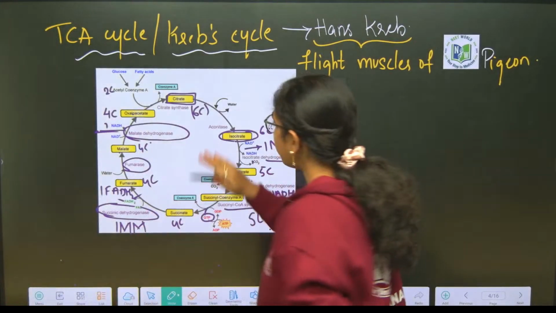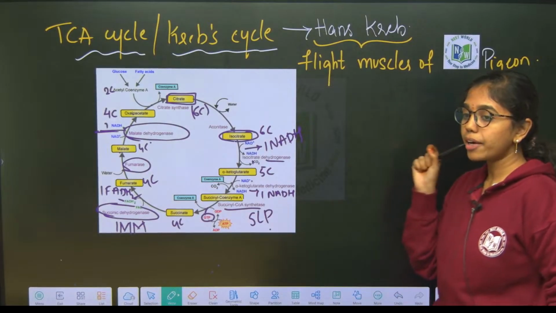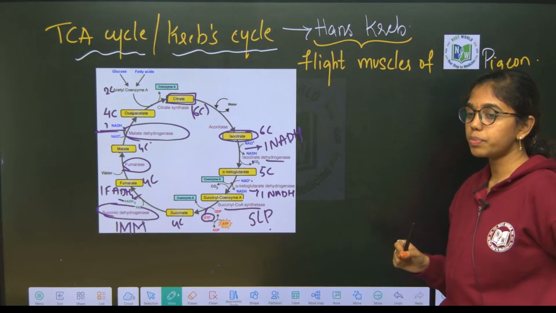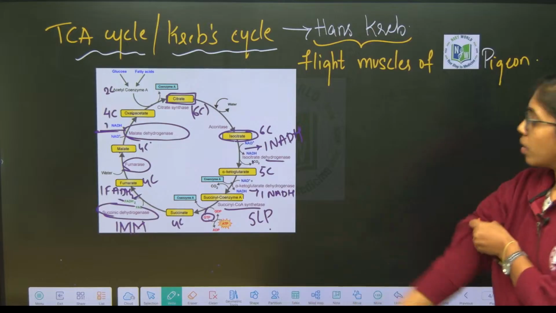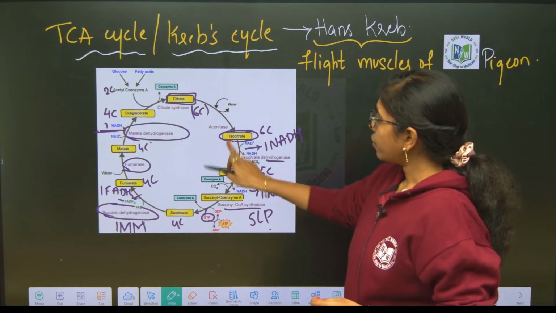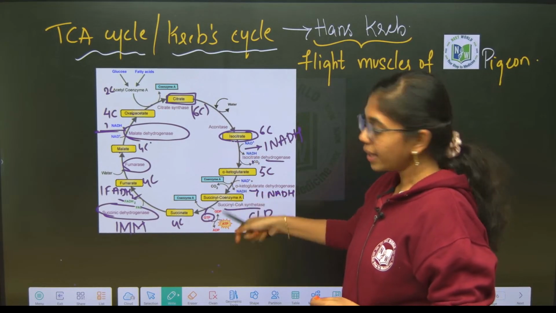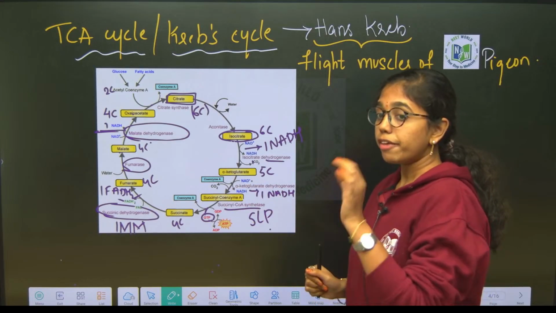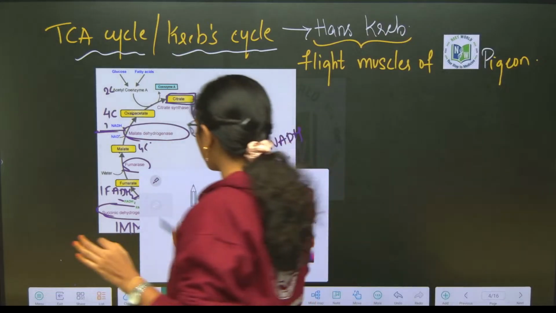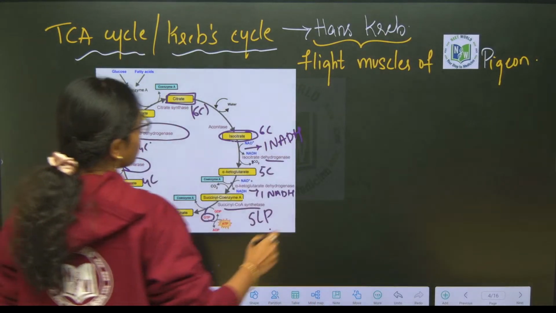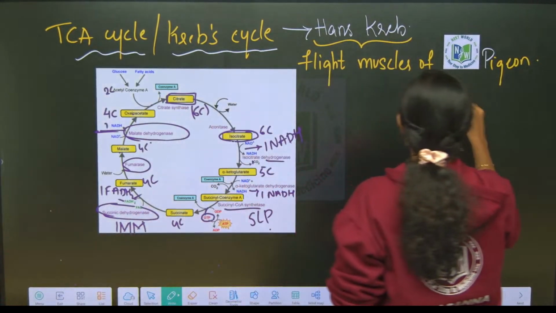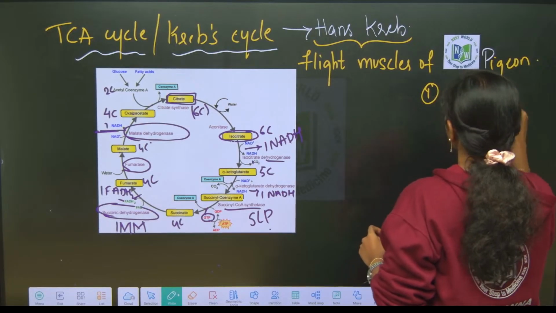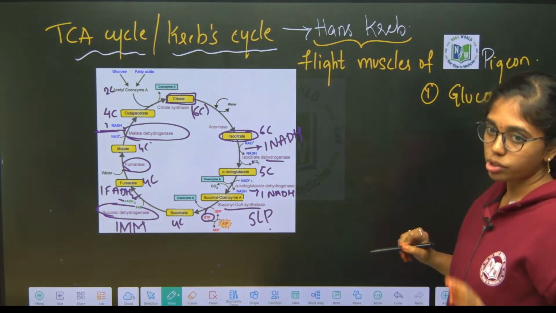So, in this complete cycle, tell me at what points carbon dioxide is being released? First isocitrate to alpha ketoglutarate, then alpha ketoglutarate to succinyl coenzyme A. If we consider one glucose molecule, at 3 sites in the mitochondrial matrix, carbon dioxide is being released.